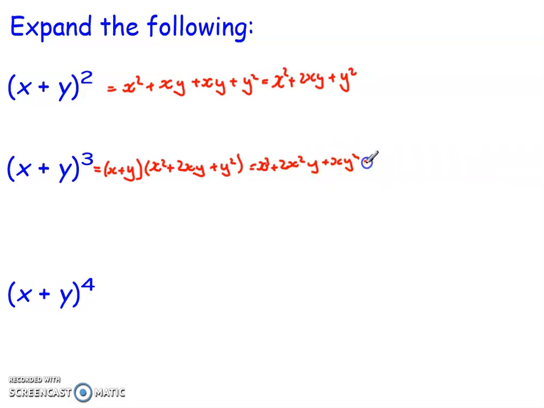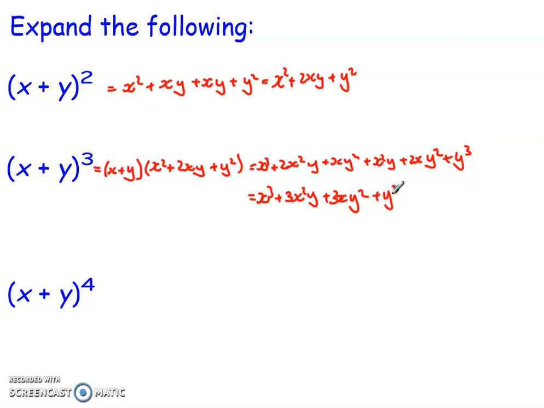I then multiply everything through by the y, so I get plus an x squared y plus a 2xy squared plus a y cubed. Again, simplify the whole thing, and I get x cubed. I've got 2x squared y here and another x squared y here, so I get plus 3x squared y, then 2xy squared plus xy squared gives plus 3xy squared, then plus my y cubed.